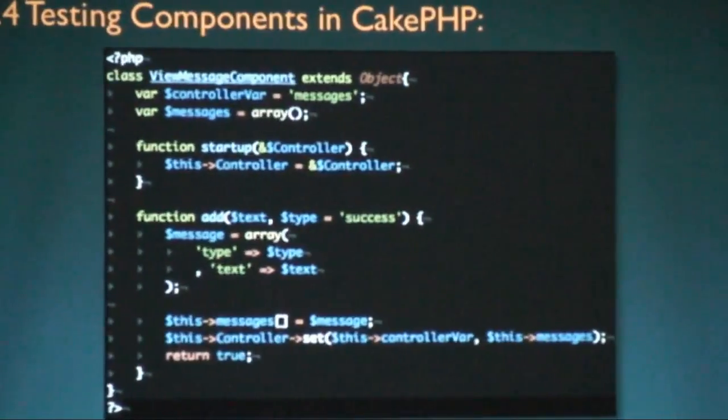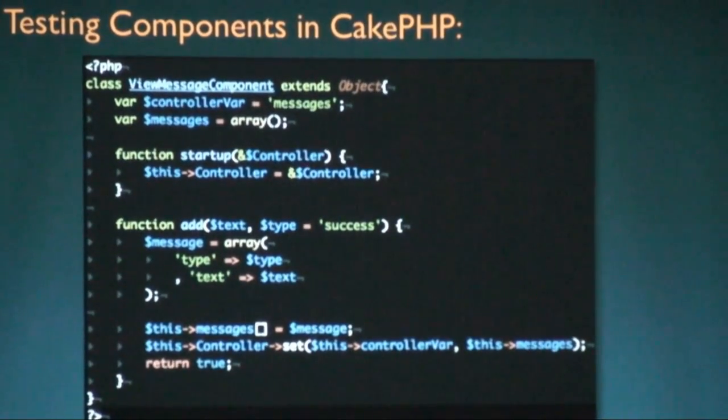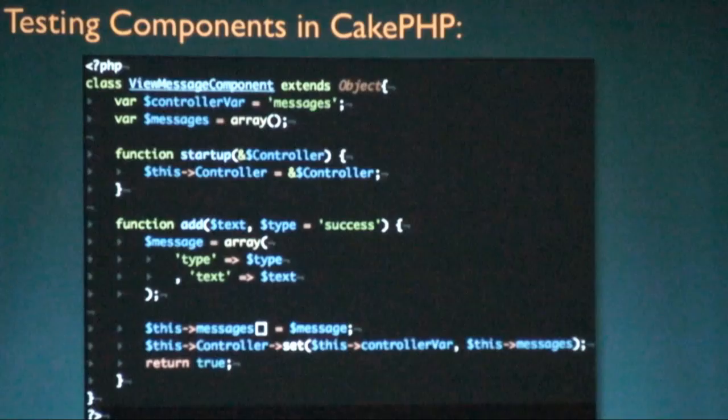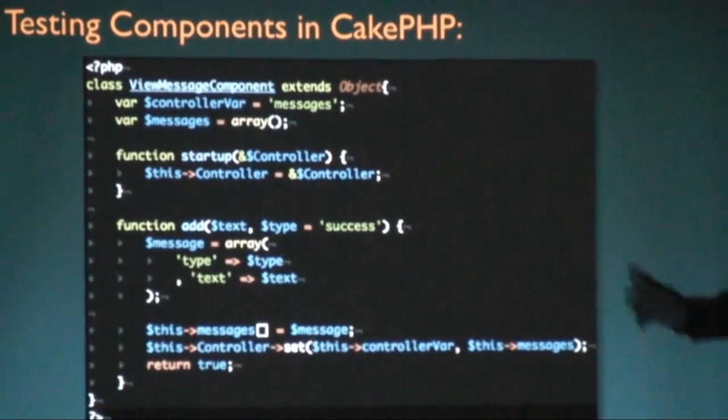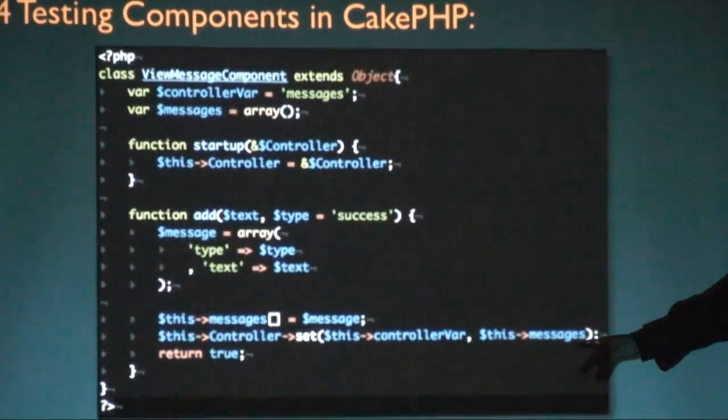And yeah, so the startup method should be pretty familiar to you. And then we have an add method, which gets text and type, and then we just set an array as a controller var.